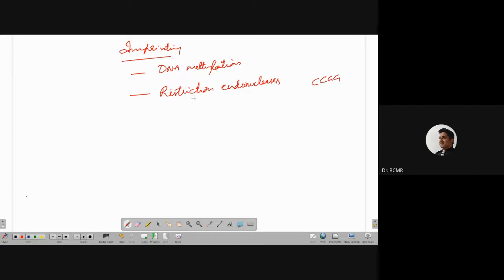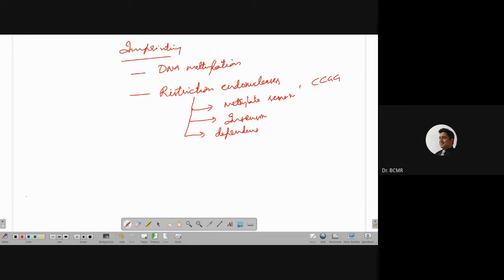Some of the restriction endonucleases are methylation dependent, methylation sensitive. That means they cannot cleave if the target site is methylated. Some of them can cleave and are insensitive, and there are some methylation dependent.